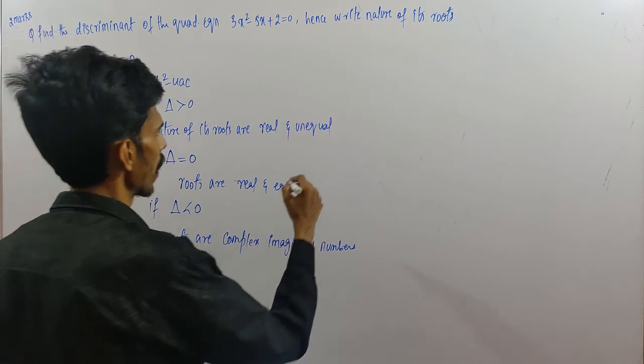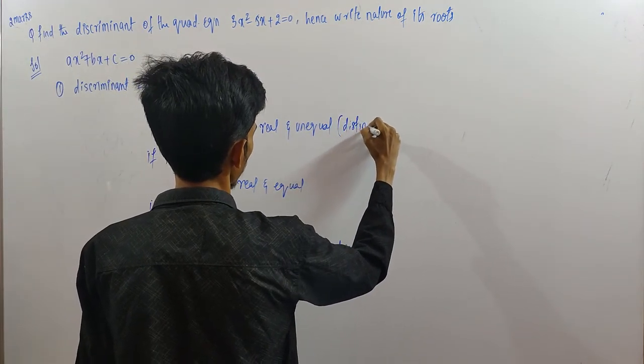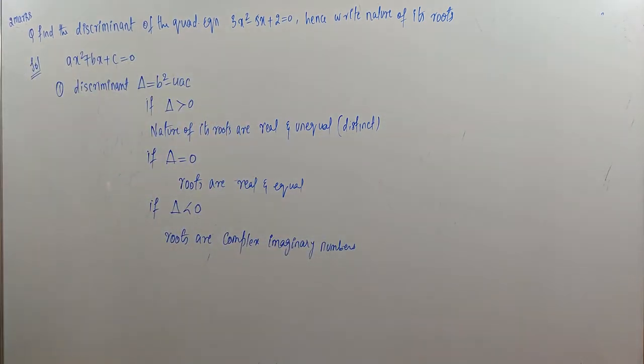Sometimes this is also written as distinct and real. So these are the conditions for discriminant for writing the nature of its roots.